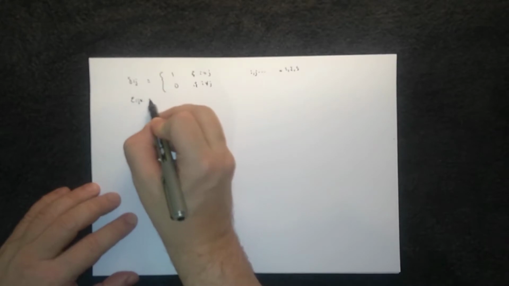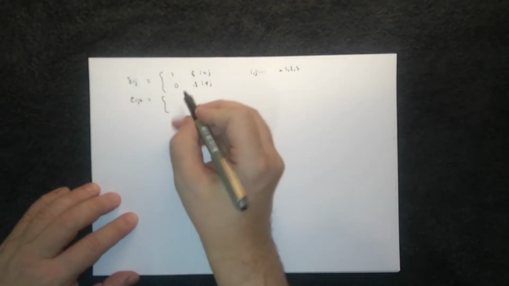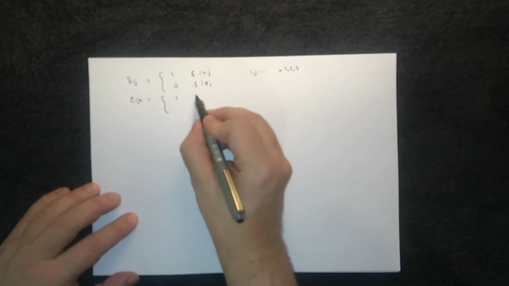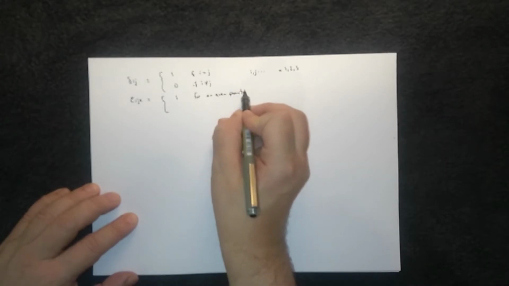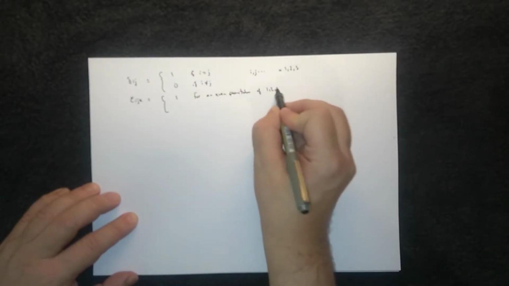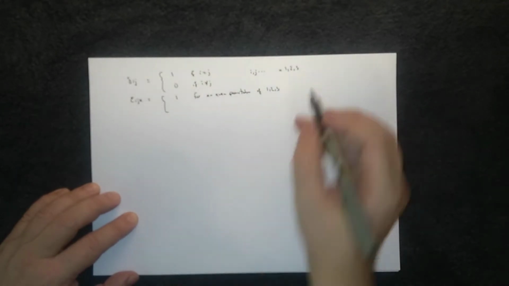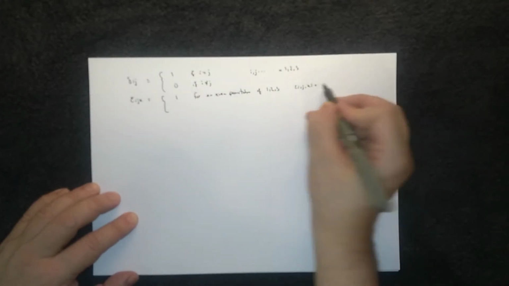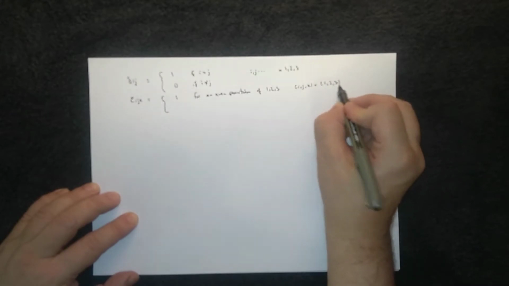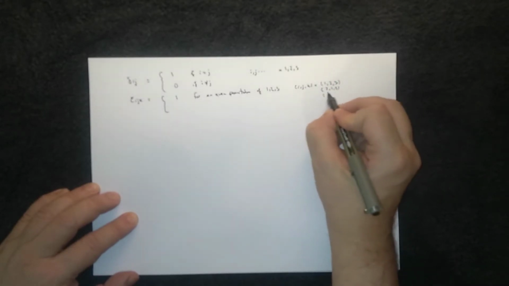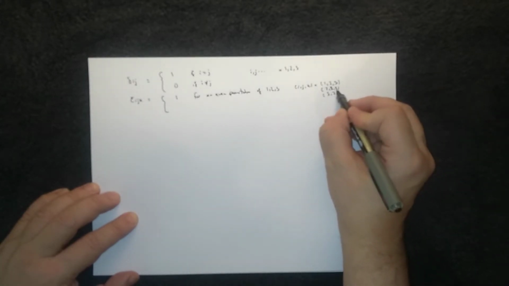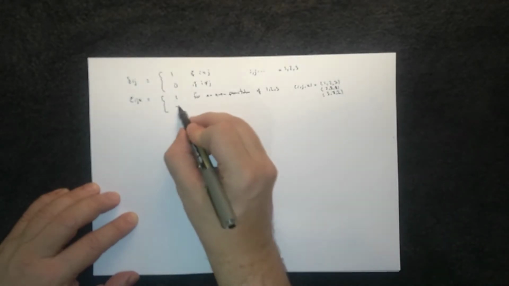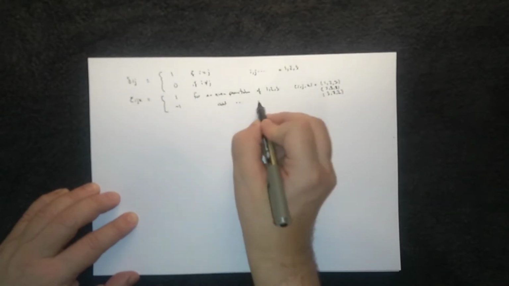Epsilon ijk is called the alternating tensor, and it takes the value 1 for an even permutation of 1, 2, 3. In other words, ijk is an even permutation of 1, 2, 3. So ijk is either equal to 1, 2, 3, or 2, 3, 1, or 3, 1, 2, and minus 1 for an odd permutation.